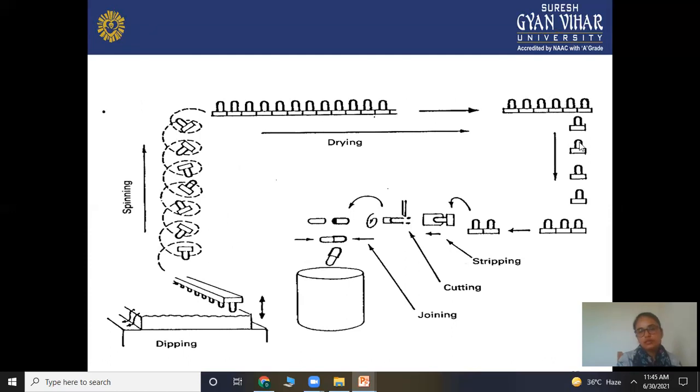After drying, it is ready to be stripped out, and after stripping, cutting takes place. Excess material is removed by the cutting process, and joining of the body and cap part takes place. The last step is joining. This is the procedure for manufacturing the hard gelatin capsule shell, cap and body part. Now we discuss them.